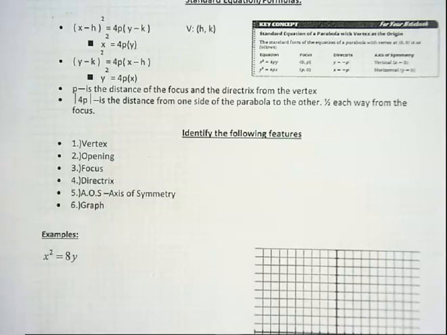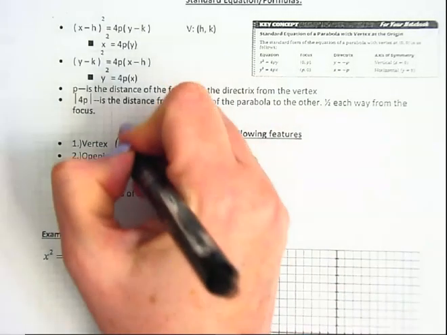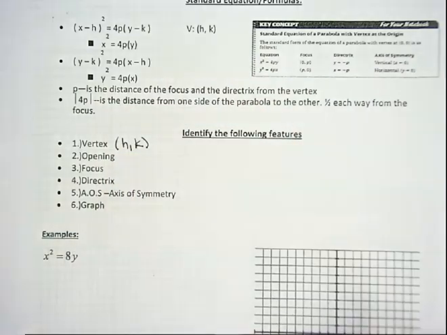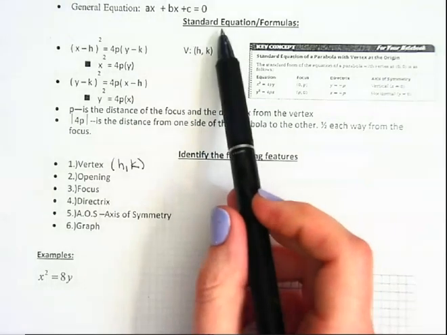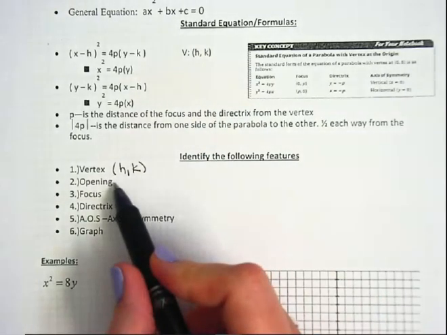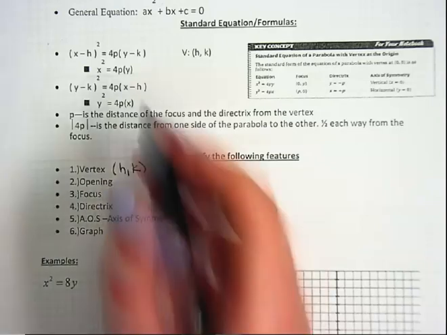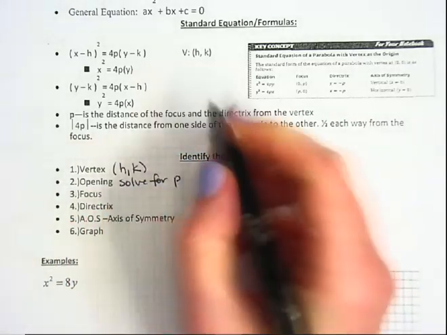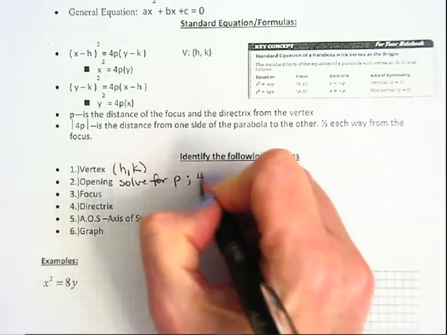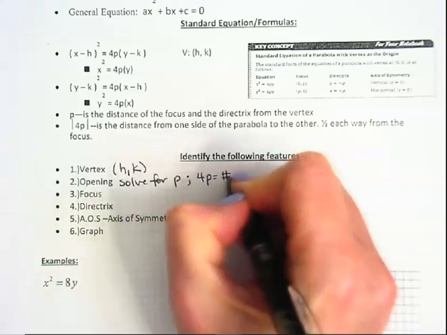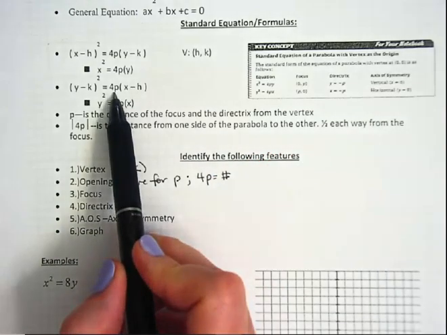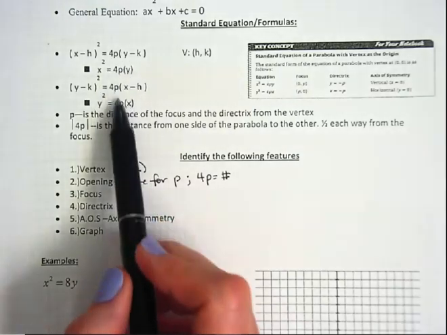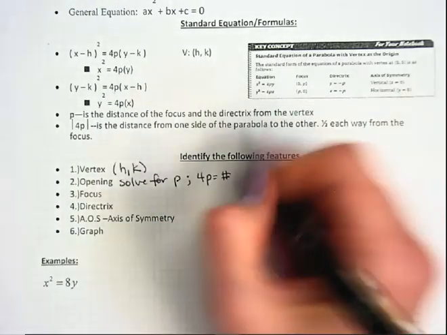So the vertex is going to be our h, k value from the general form or the standard equation formula. The opening means, this is asking us to find, is it going up, down, or opening left or right? And this is where we're going to solve for P by setting 4P equal to whatever number is in that 4P position on our equation, which I'll explain more when we work the problems.